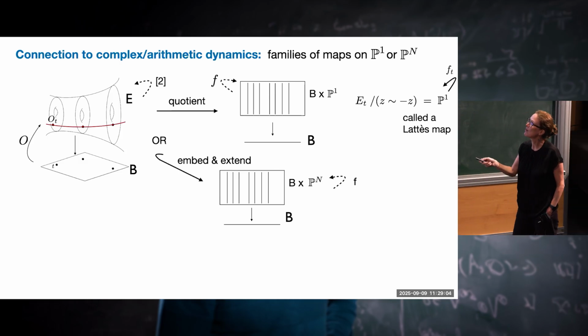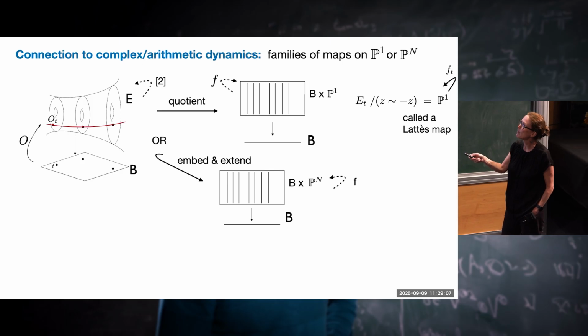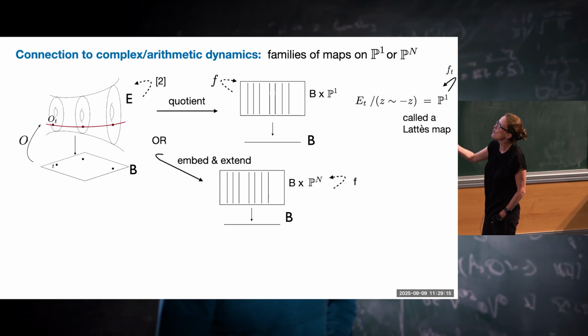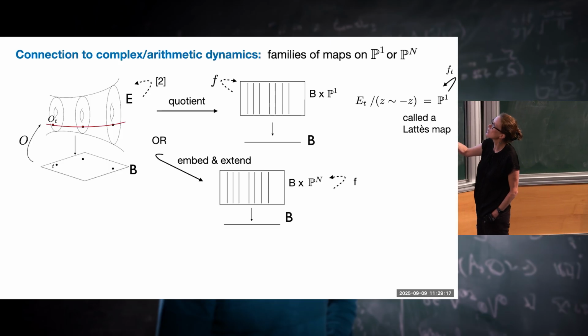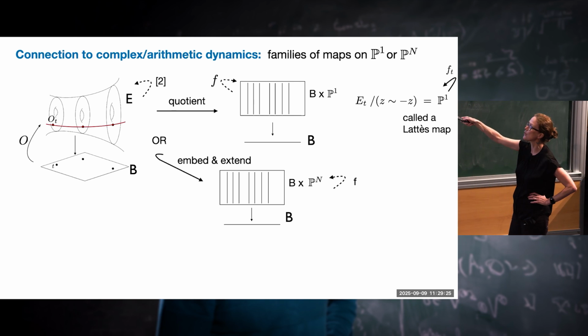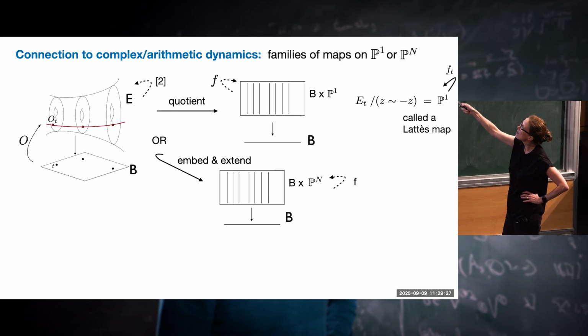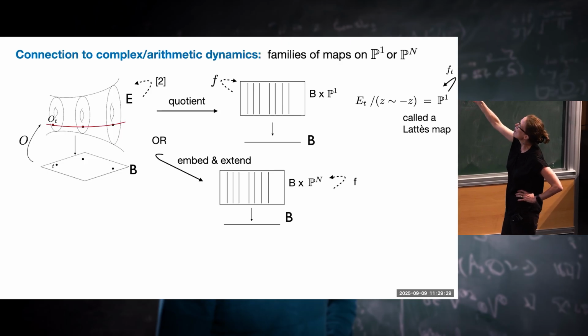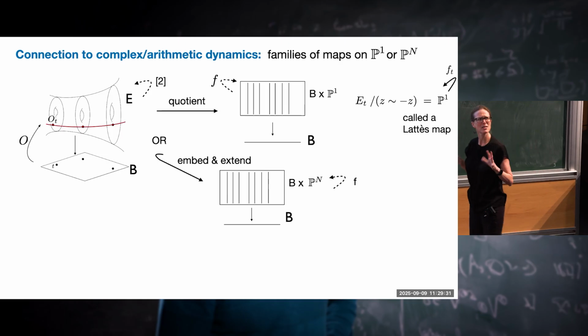This picture here, which I'm thinking of as a family of elliptic curves, gives rise to a family of dynamical systems. You can take, for example, an endomorphism on each of these elliptic curves. For example, multiplication by 2 map on each of these fibers, or you can think of it as a rational map on the entire surface, gives rise to a family of maps on projective spaces, in fact, in 2 different ways.